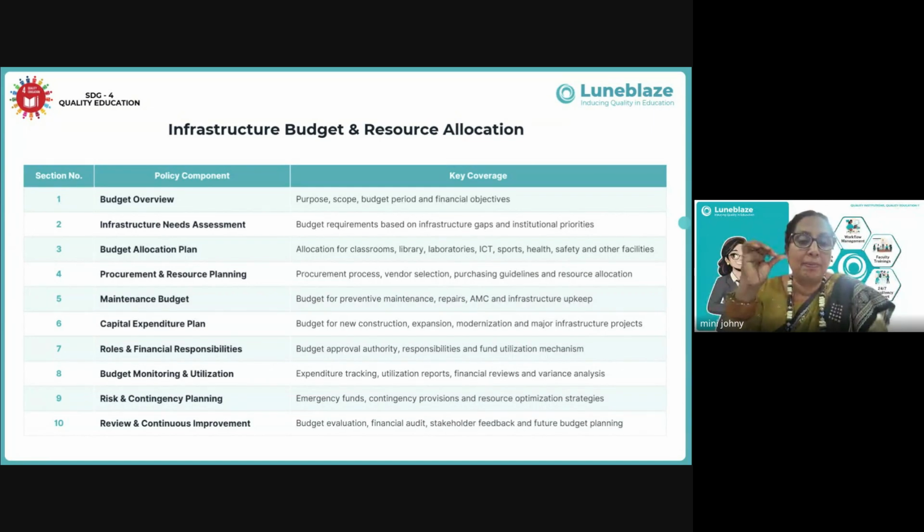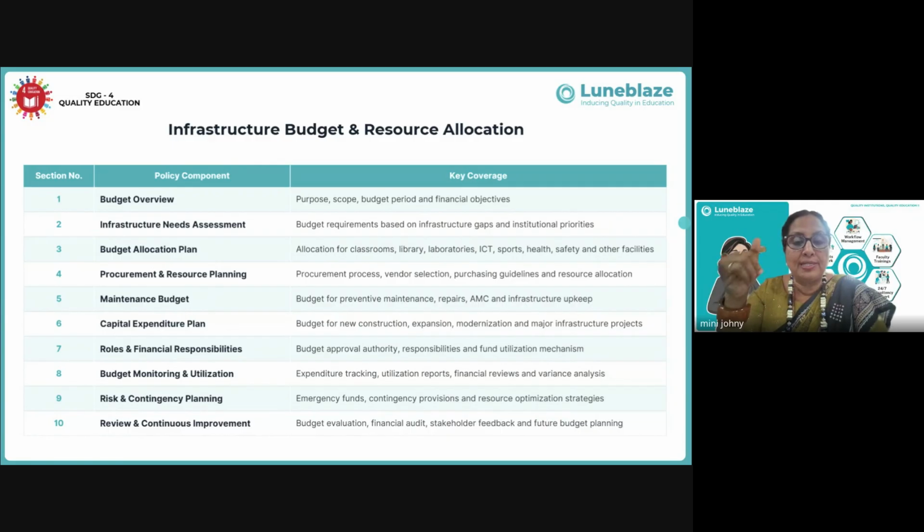Maintenance, we have to keep a budget. Budget for preventive maintenance. Prevention is better than cure, right? Repairs, AMC, and infrastructure upkeep. Capital expenditure plan.